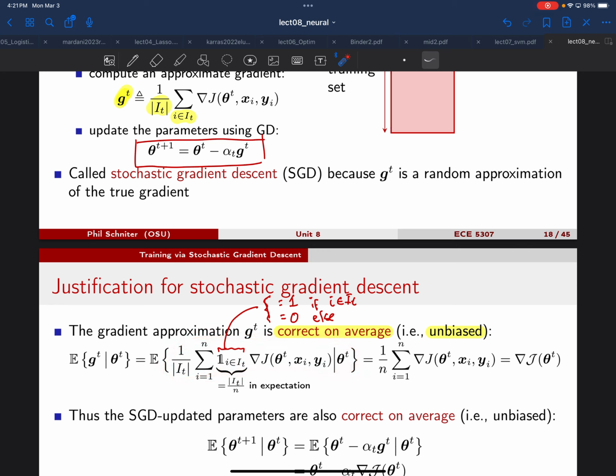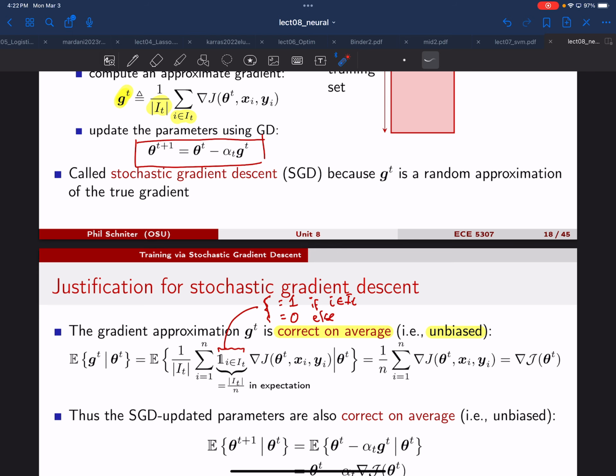So let's imagine this thing. This is basically a random number, right? That's either 0 or 1. And it's random because it's evaluating. It's going to be 1 if I is in that subset or 0 otherwise. And I is also like just fixed. So imagine we're talking about I equals 1. So this is like, is 1 in the subset or not? And the subset is random.